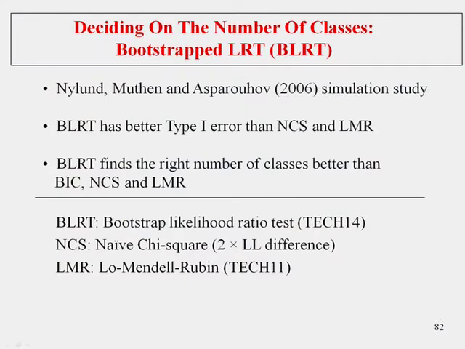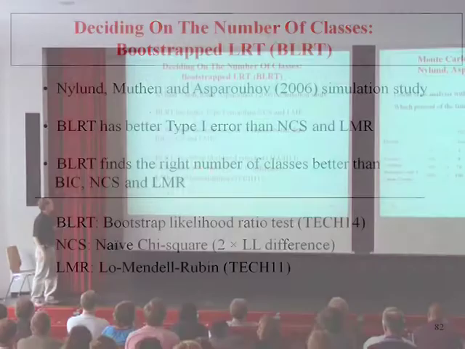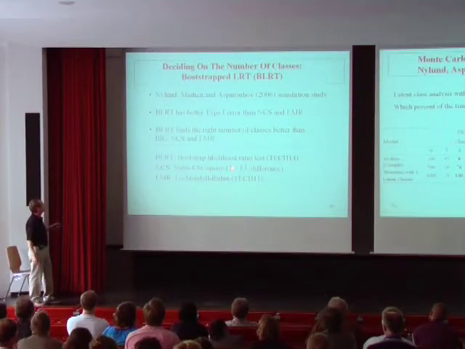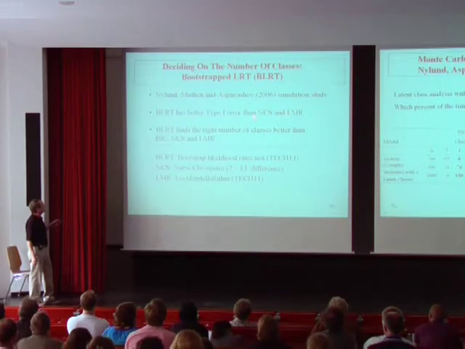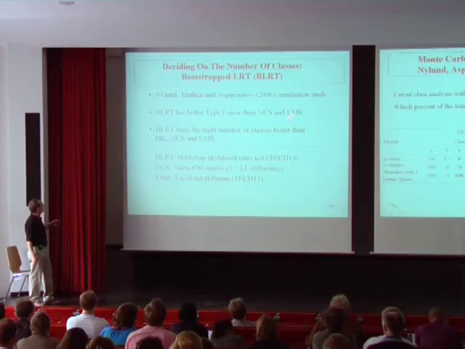And she found that the bootstrap likelihood ratio test has a better type 1 error, you know, the probability that you reject the model when it's correct, than NCS, the naive chi-square, that is taking the 2 times log likelihood difference and pretending that it is chi-square, even though we know it isn't, right? So it's the wrong chi-square, naive chi-square. So bootstrap has a better type 1 error than the wrong way of doing it, and than the Lo-Mendell-Rubin.